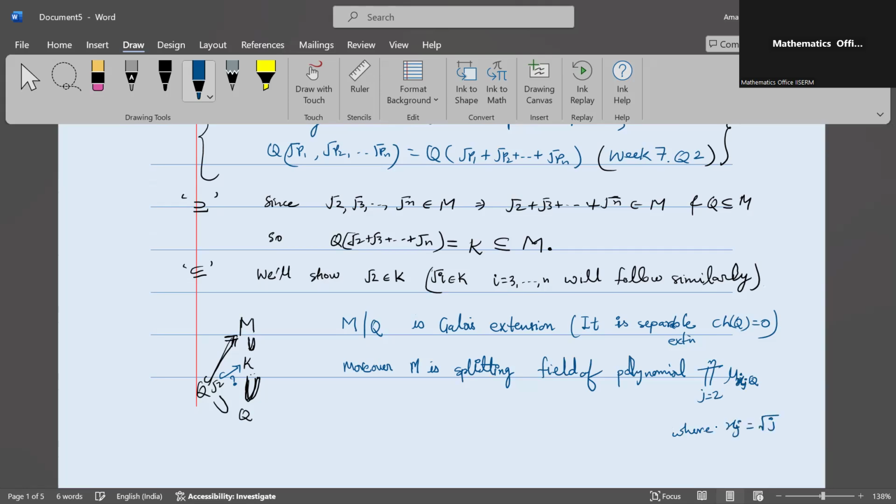So take the product of these polynomials, and then M is the splitting field of this polynomial, hence it is normal also. Separable and normal field extensions are Galois extensions.